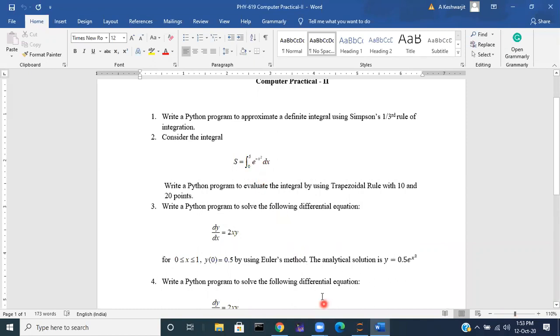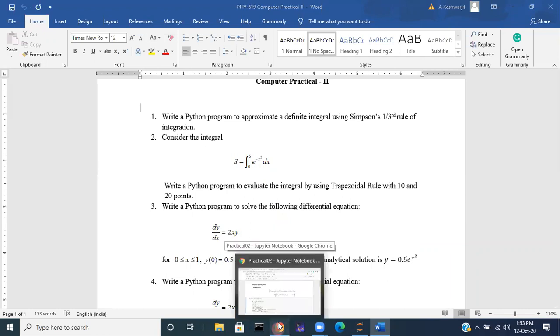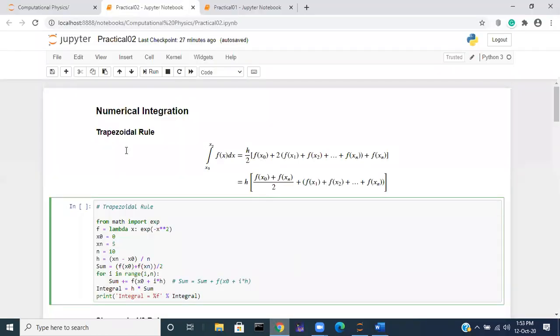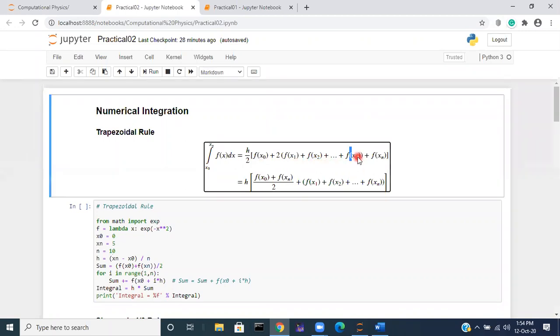So let us look at how we write a program for this. The trapezoidal rule formula: the integration of f(x) dx from x naught, the initial point, to the final point xn is given by h by 2 times f of x naught plus 2 times f of x1 plus f of x2, and so on till f of x n minus 1.